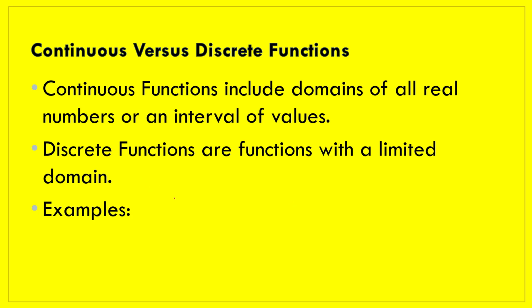When we think of continuous and discrete functions, continuous kind of gives you the indication that something goes on and on forever. So if I have a graph, an example of a continuous function would be a straight line. It's a function, straight line. No x will ever have a repeating y value. It will go on and on and on forever.